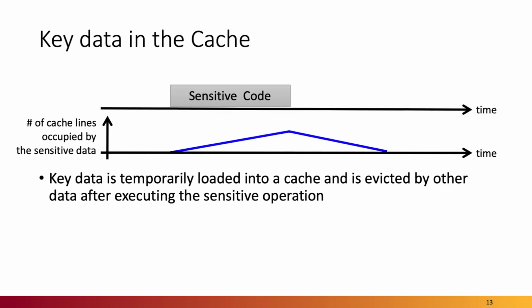I'm going to discuss the root cause of the cache-side channel attacks and the core idea of SmokeBomb to show how we can mitigate them. While executing the sensitive code, the key data is temporarily loaded into a cache, and after the sensitive code terminates, the key data is gradually evicted by other data.